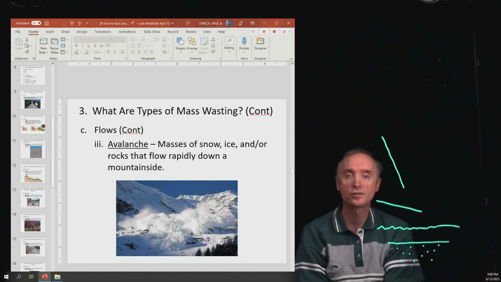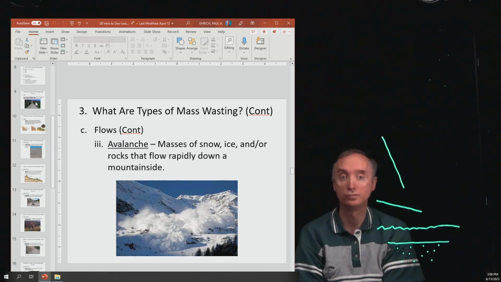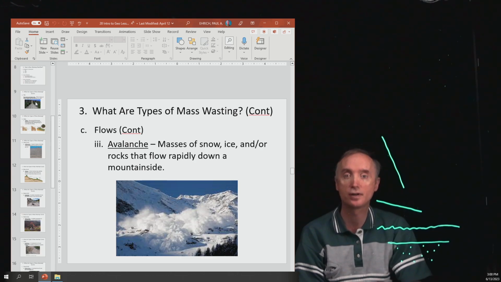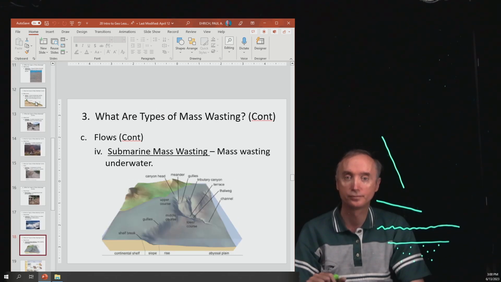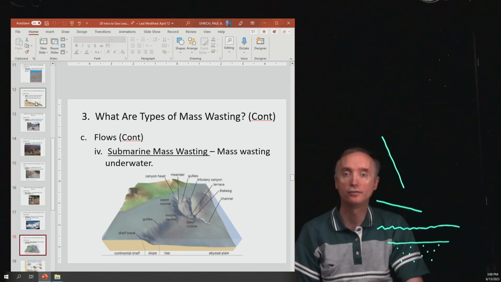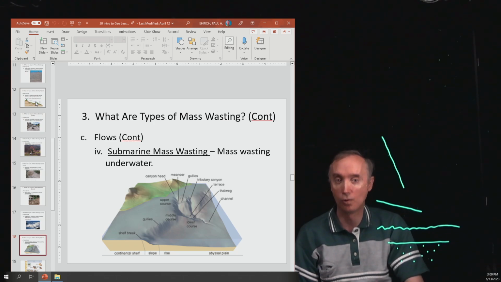Okay, then you can also have snow, ice, and other rocks that flow rapidly down a mountainside. Normally you can't out-ski it because it's a very fast event. Okay, then you can have flows underwater.